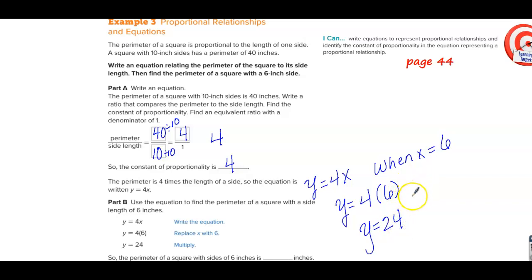So 24 would be the perimeter of a square that had 6-inch sides. The perimeter is 24 inches. So they're really complicating perimeter, but there you have it.